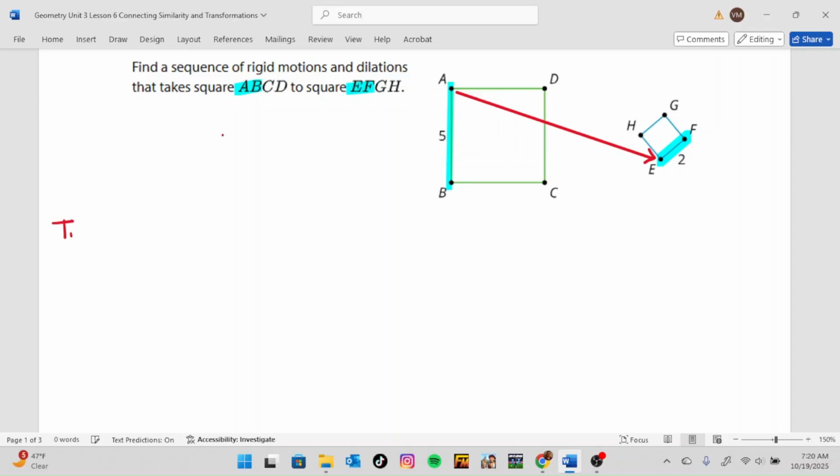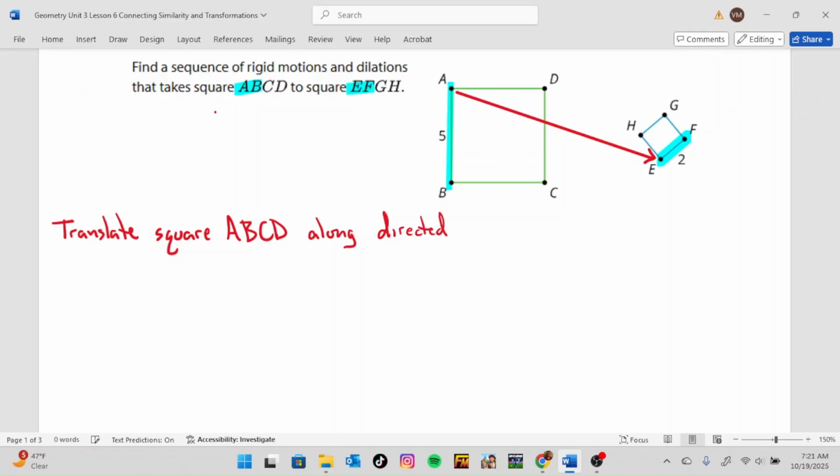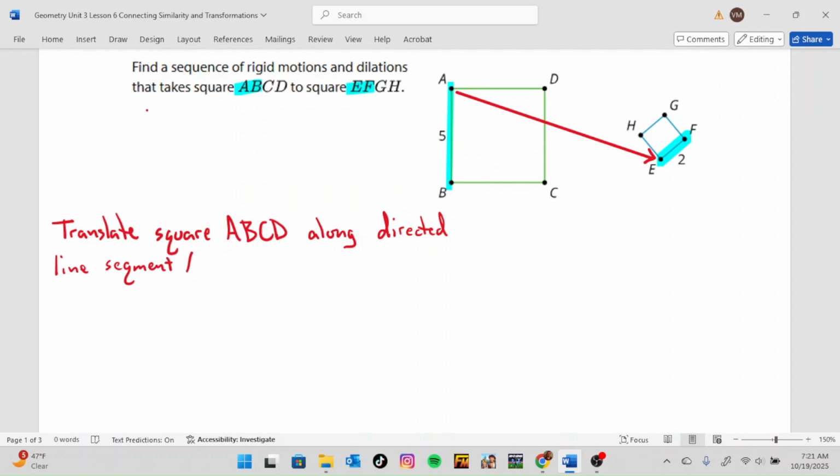So translate square ABCD along directed line segment AE.